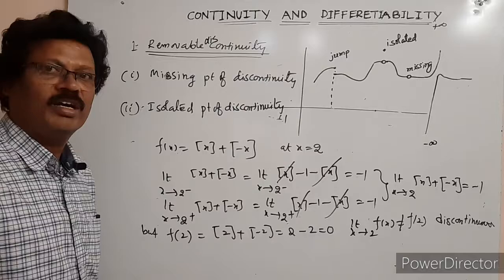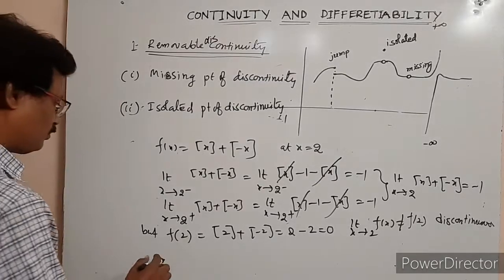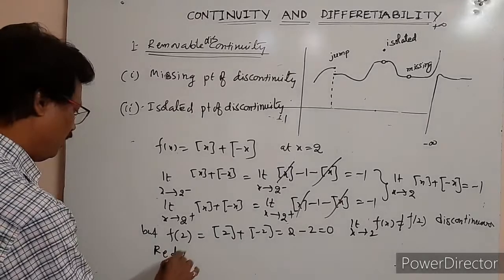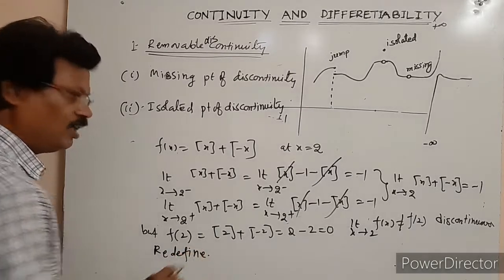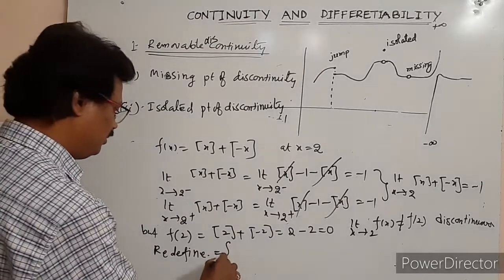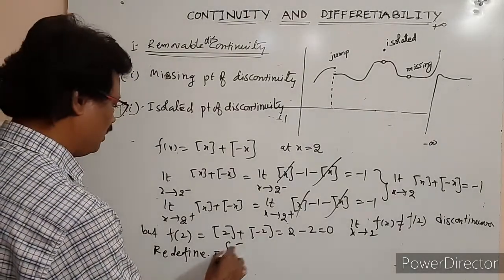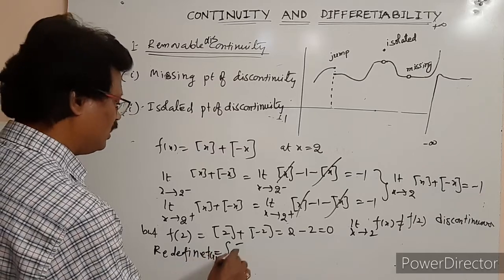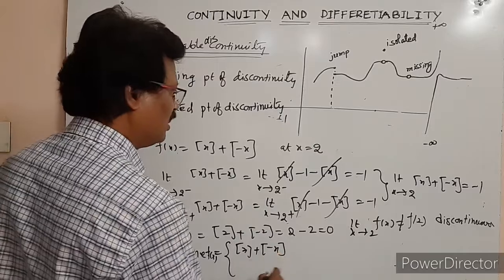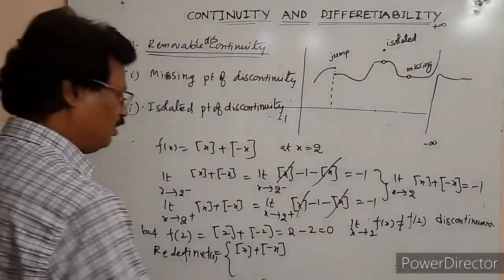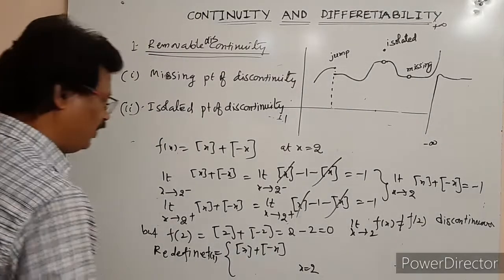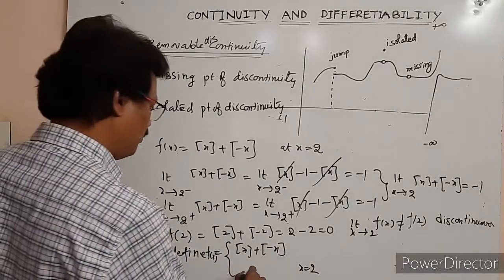Let us see here: redefine to make it continuous. f(x) is step x plus step of minus x, and at x is equal to 2, we are defining it as minus 1.